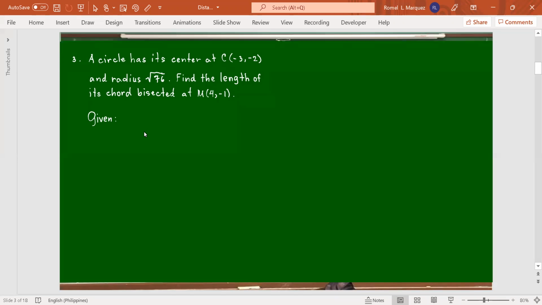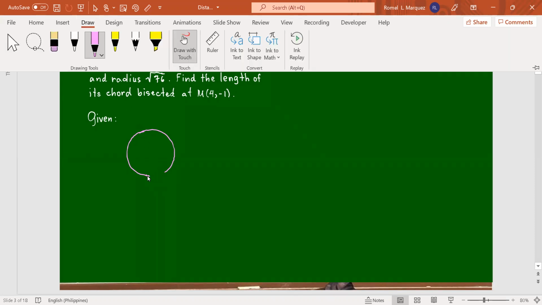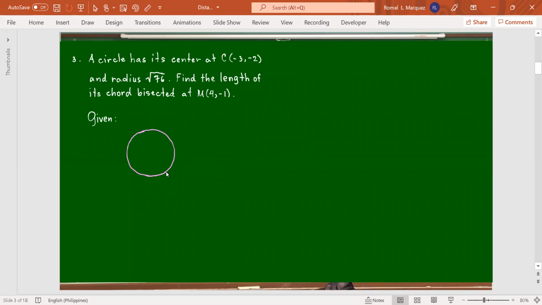So let's say I have a circle. I'm not going to draw anymore the Cartesian plane. So this is our circle. Okay, so center is here.